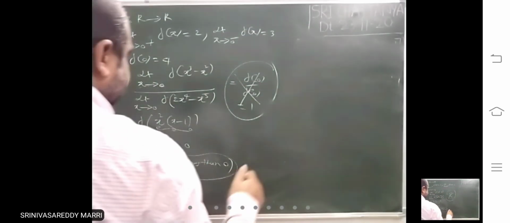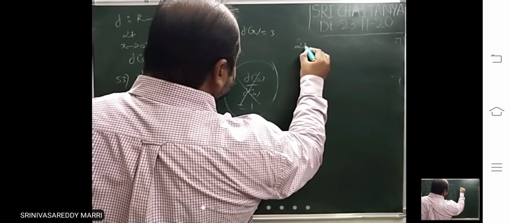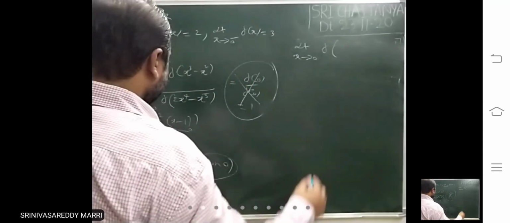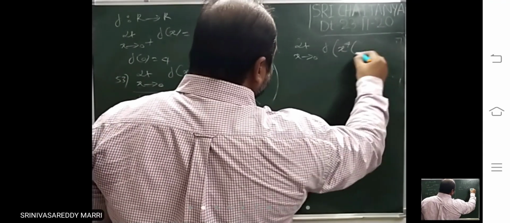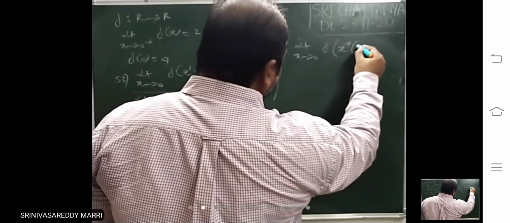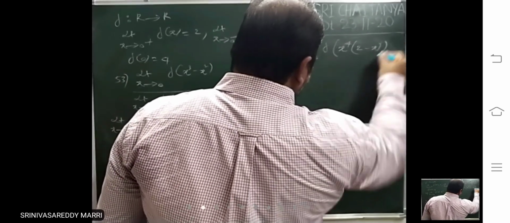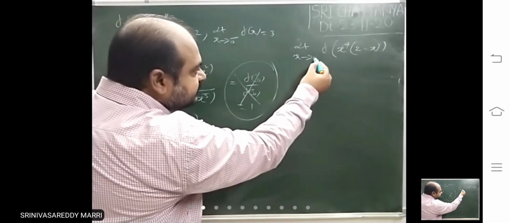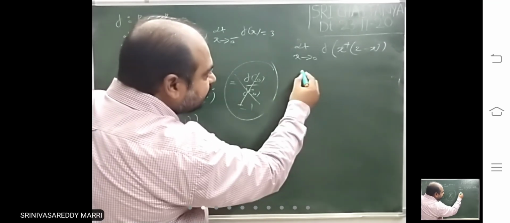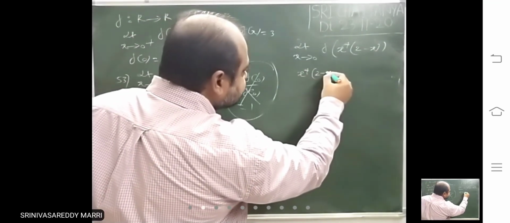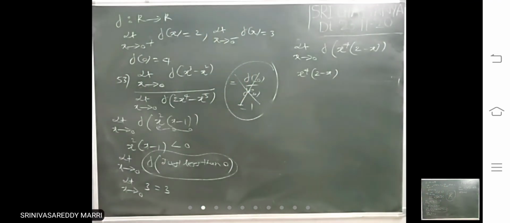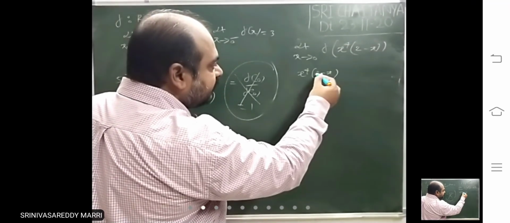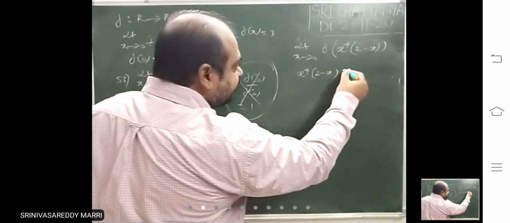So next, the denominator one. Limit x tends to 0, f of x power 4, you take common x power 4, you will get 2 minus x. Now here x tends to 0 means x is just greater than 0 or just less than 0. Suppose x is 0.0001, 2 minus that is positive.